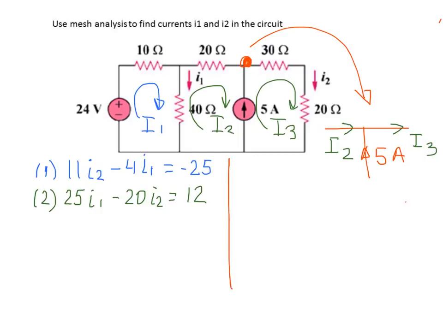So solving these equations, we can get the mesh currents I1, I2, and I3.